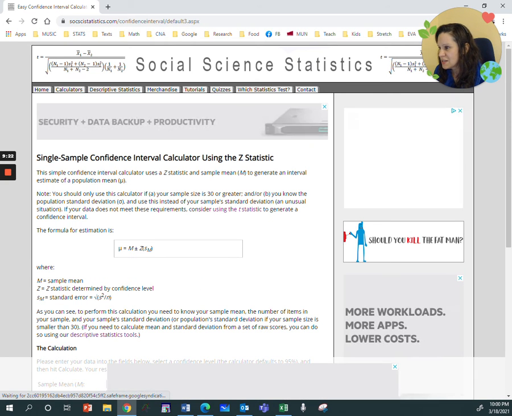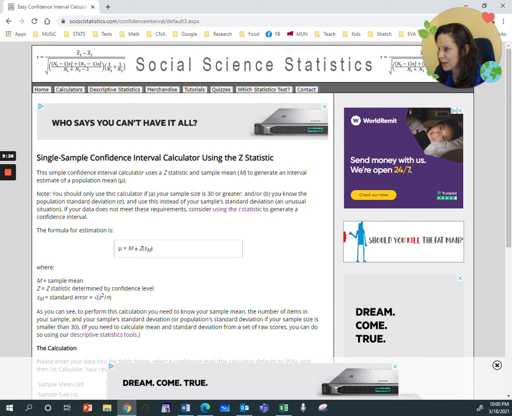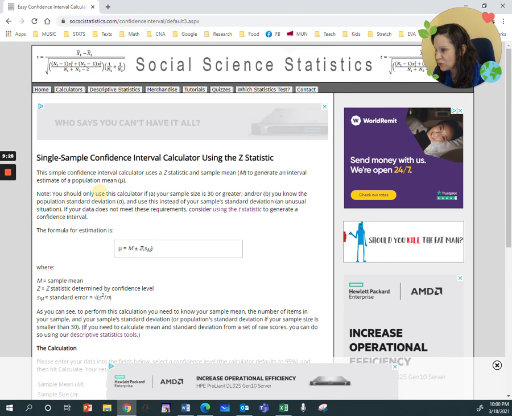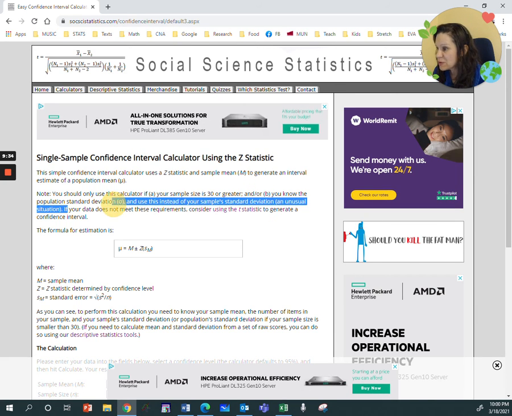It says, this simple confidence interval calculator uses a Z statistic. Note, you should only use this calculator if your sample size is 30 or greater, and or you know the population standard deviation sigma, and use this instead of your sample standard deviation, an unusual situation. If your data does not meet these requirements, consider using the t statistic.